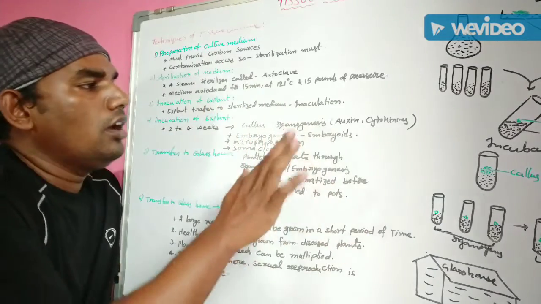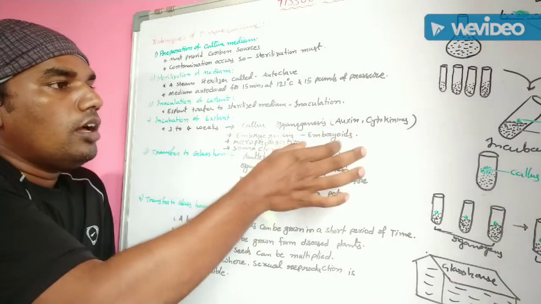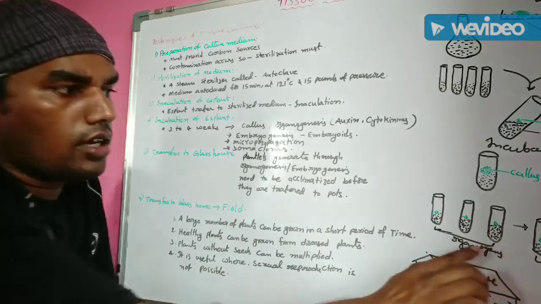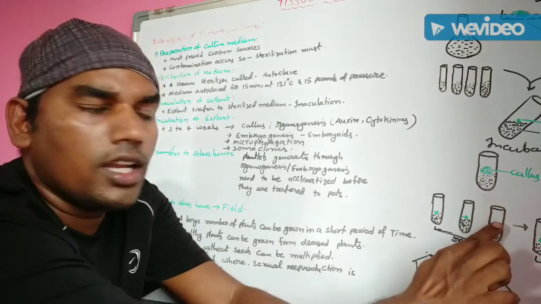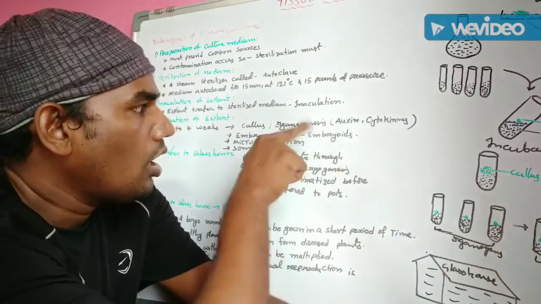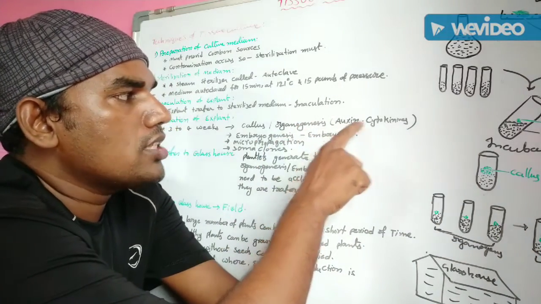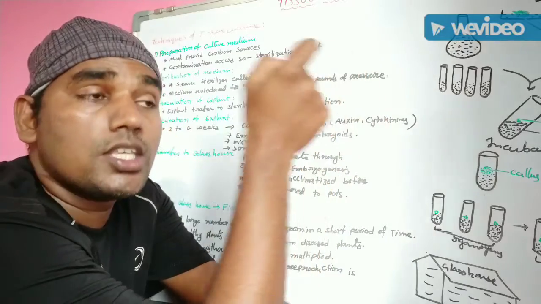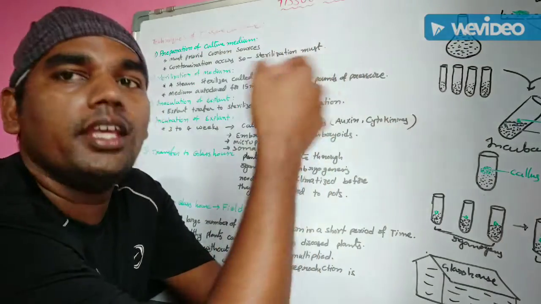After the formation of organogenesis or embryoids, entire plants form. After formation of callus, this callus is transferred into a plant growth regulator containing medium.